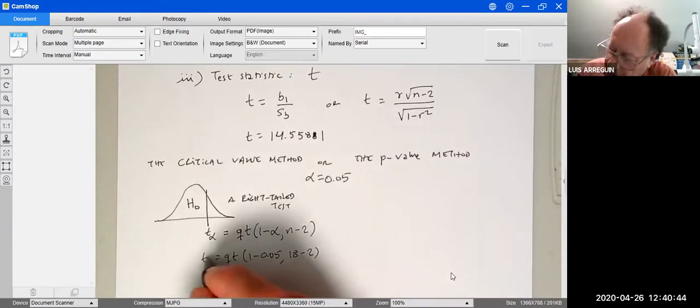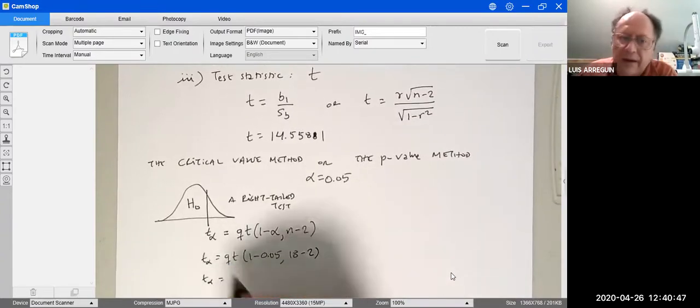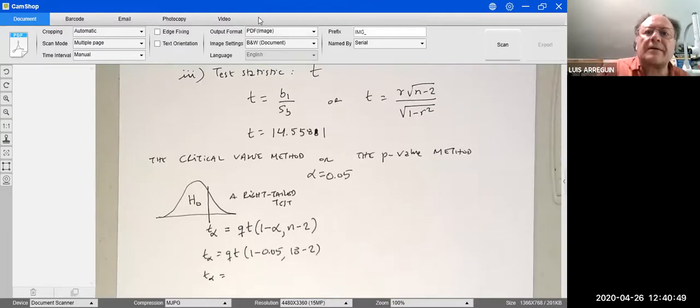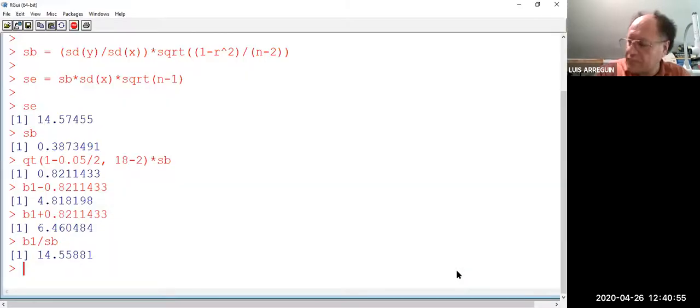So here my critical value, let's use R, finish this part. So we're gonna have here qt(1 - 0.05, 18 - 2).